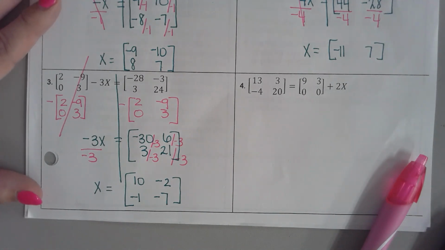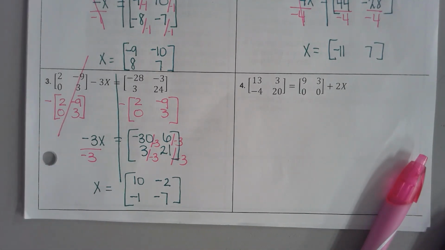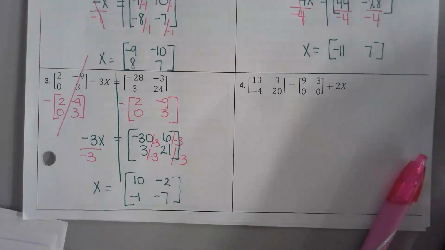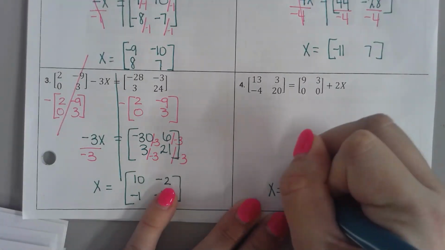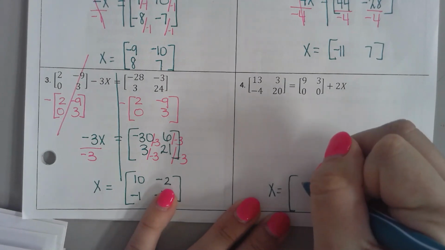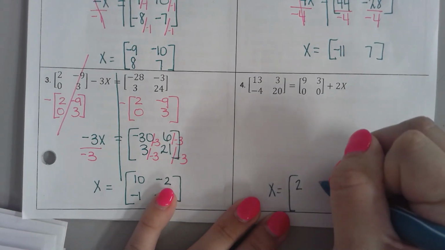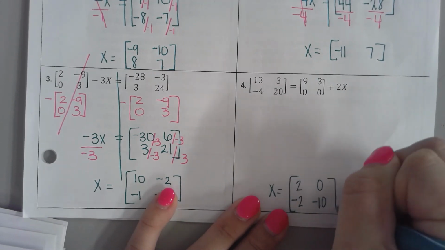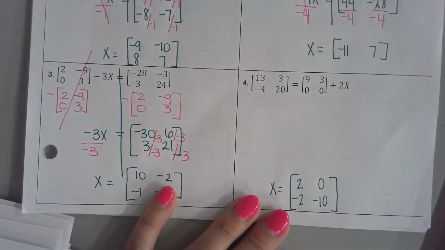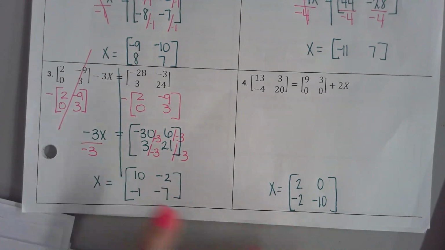I want you to try number 4 by yourself. What answer did you get for x on number 4? 2, 0, negative 2, negative 10. Do you all agree? Yes. I got positive 10.